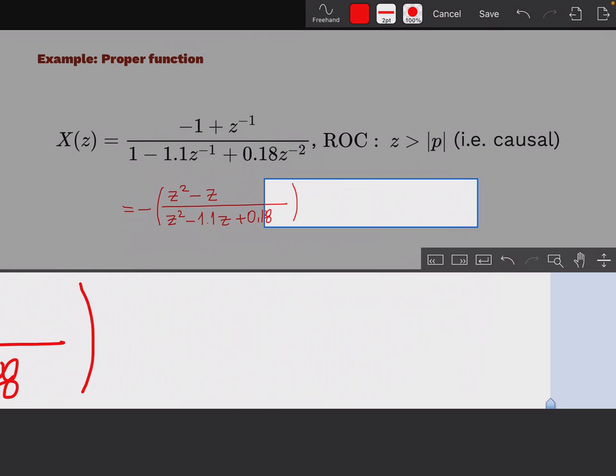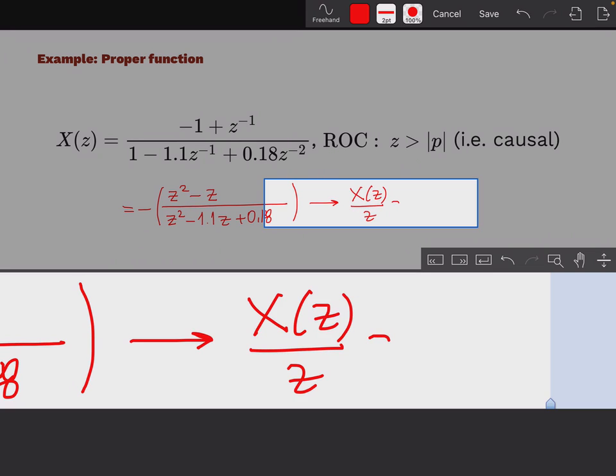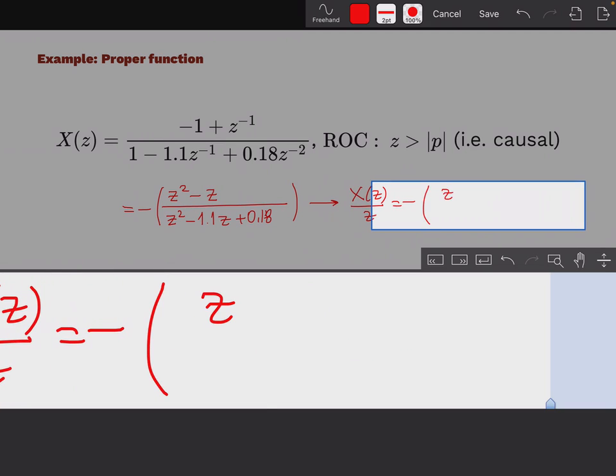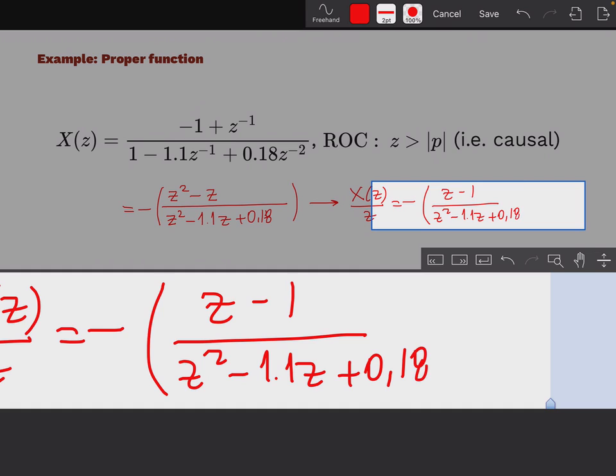Now let's do our trick with X(z). So we divide both sides by z, which gives us (-z + 1) over z squared minus 1.1 z plus 0.18. Okay, so how do we proceed then?